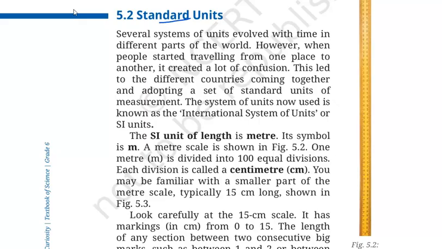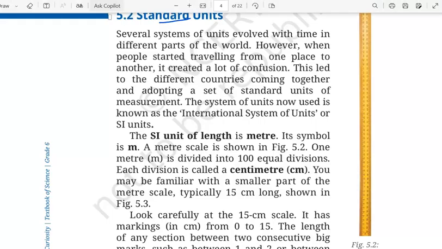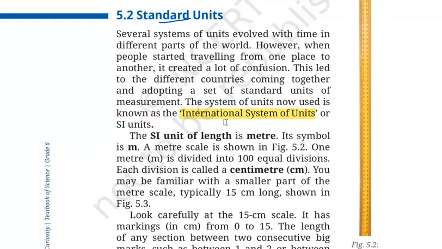When people started traveling from one place to another, it created a lot of confusion. This led to different countries coming together and adopting a set of standard units. They decided that we will set a standard unit of measurement and everyone is going to follow that unit of measurement. And that is called the International System of Units, which is also known as SI units.